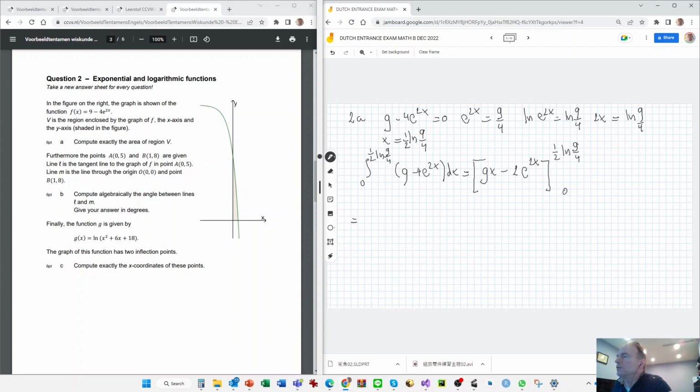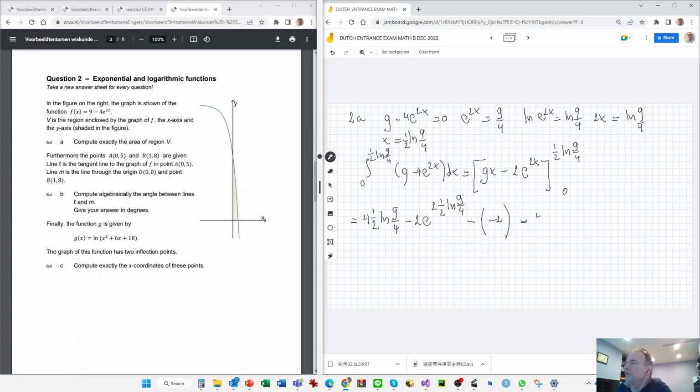Which is, we continue here, 9 times this thing, so 4.5 log 9/4, minus 2 times e to the power 2 times 1/2 log 9/4, minus that thing evaluated at 0, which is 9 times 0, minus 2 e to the power 0, which is minus 2.